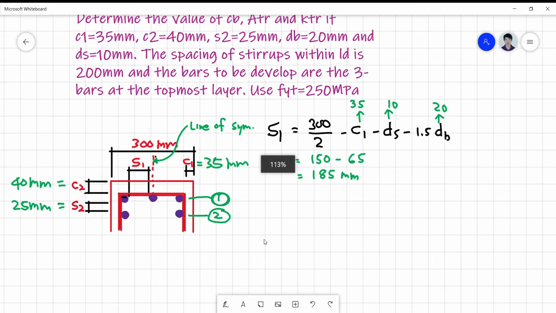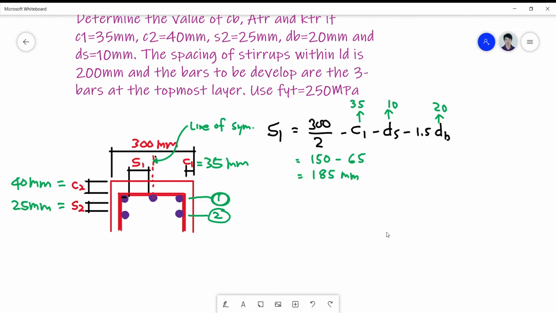So we are now ready to solve for CB. Okay, what is the ACI requirement for your CB determination?